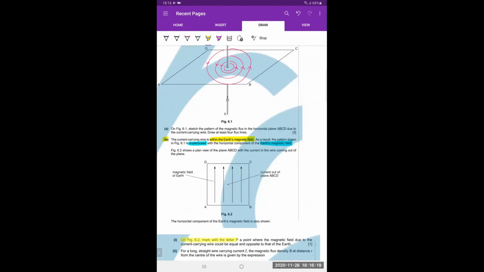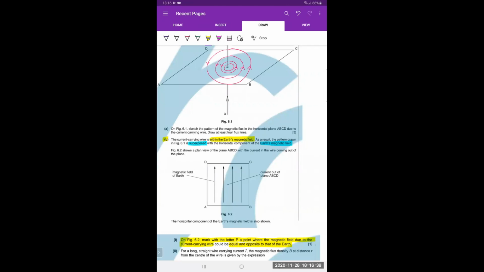mark with the letter P a point where the magnetic field due to the current carrying wire could be equal and opposite to that of the Earth.